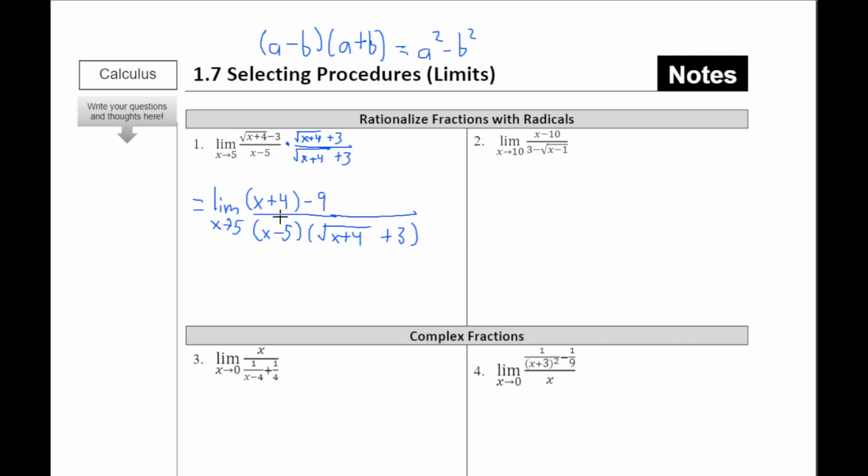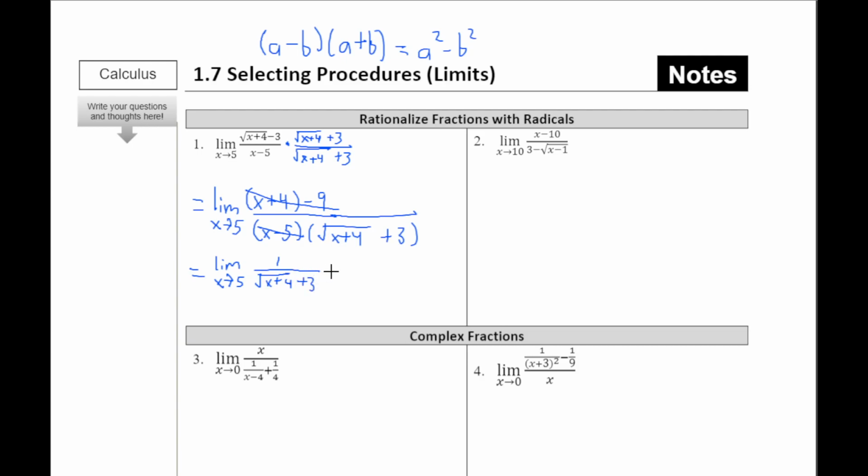If you notice here, x plus 4 minus 9 is x minus 5 on top. The x minus 5 on top cancels out with the x minus 5 on the bottom. So that just becomes the limit as x approaches 5 of 1 over square root of x plus 4 plus 3. Sorry, that should be a 4, not looking like a 9.